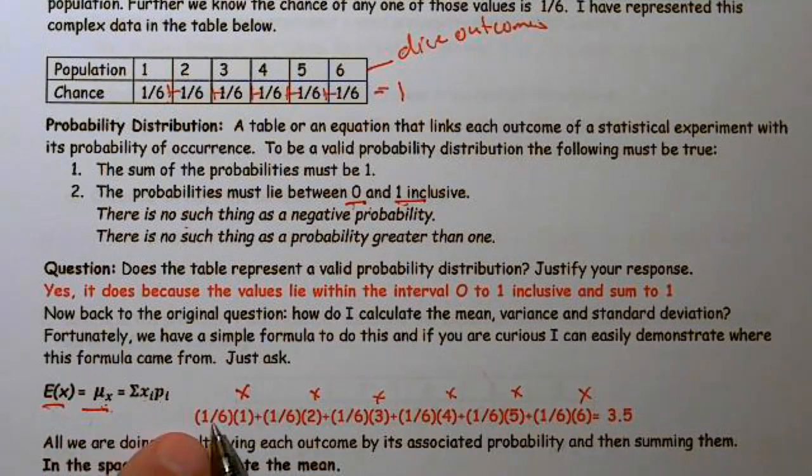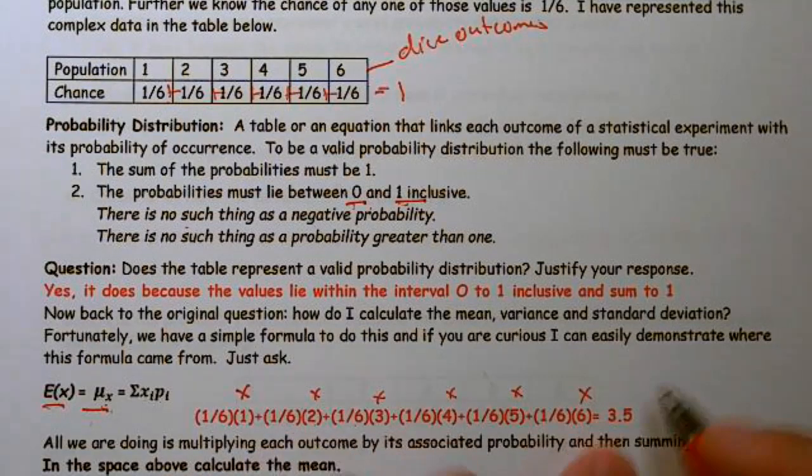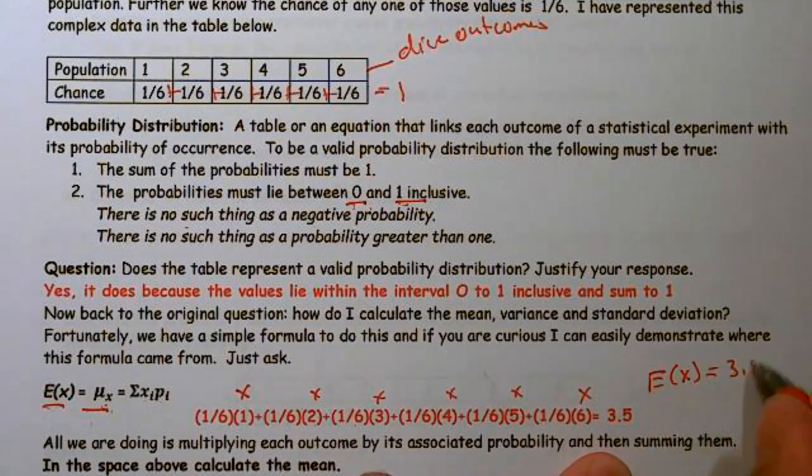And their associated probabilities happen to be all the same, which are 1/6. So when I multiply 1/6 times 1, and add it to 1/6 times 2, plus 1/6 times 3, and I add all those up, I end up getting an expected value of 3.5, or I could say my mean was 3.5.